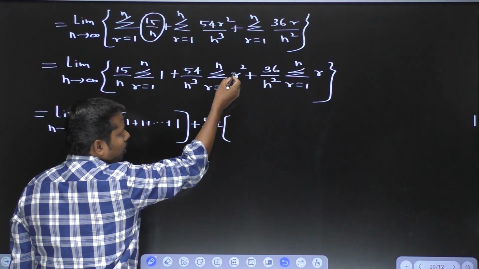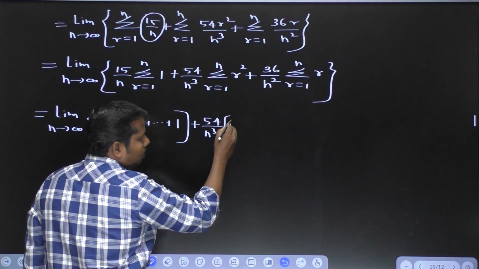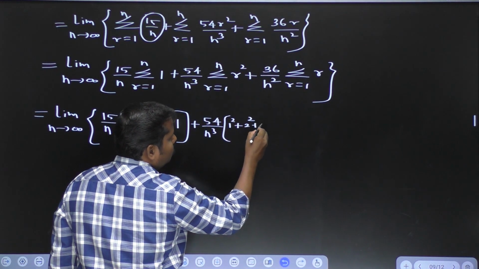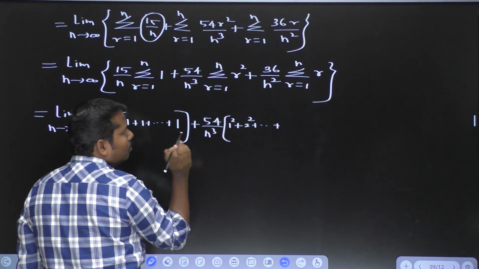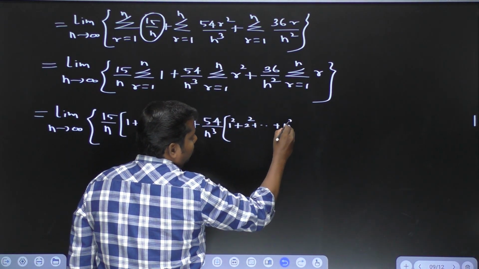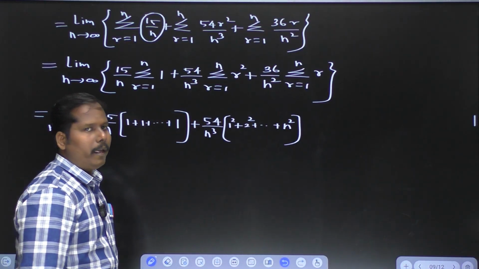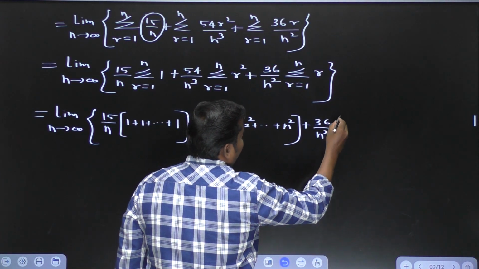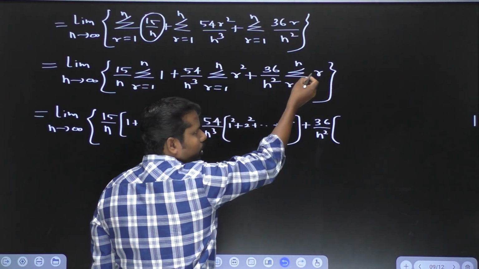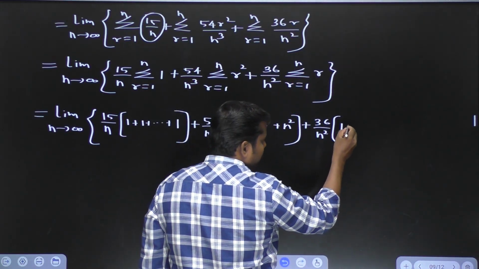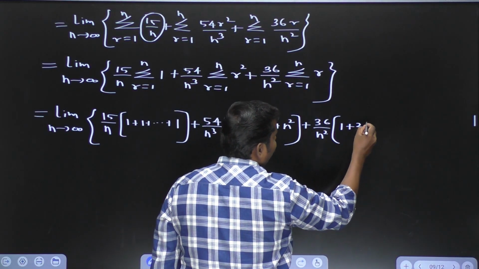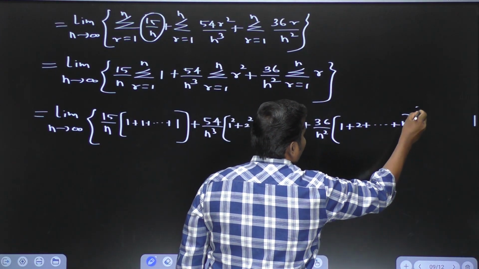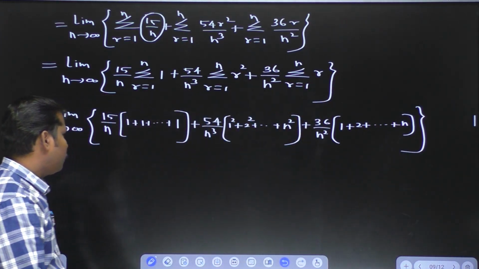You expand this: give r equal to 1, so 1 squared; r equal to 2, 2 squared, and so on; finally r equal to n, n squared. Close it up. Plus 36 by n squared into, the same way, expand this: r equal to 1, so 1; r equal to 2, 2; and so on; r equal to n, n. Close the entire bracket.